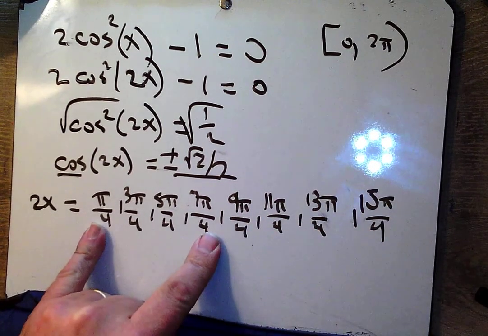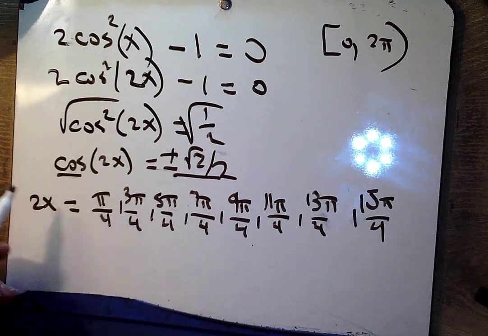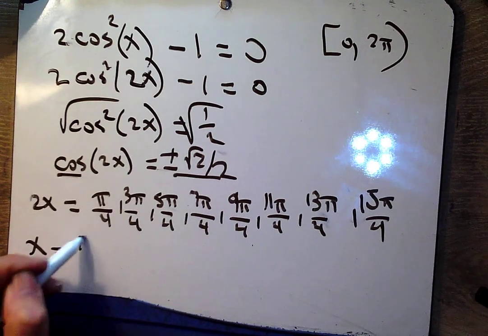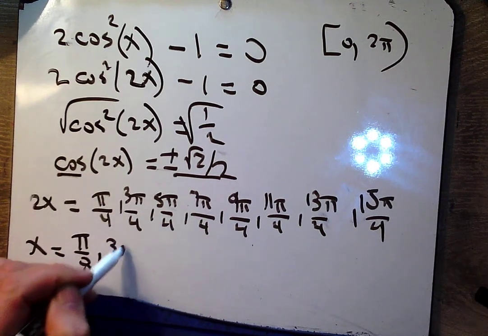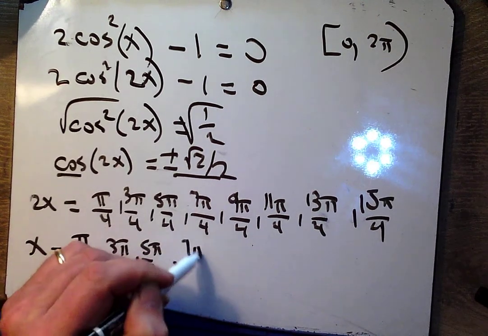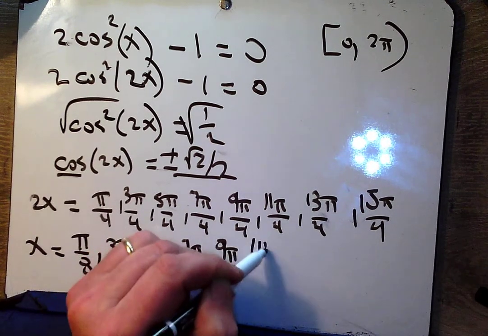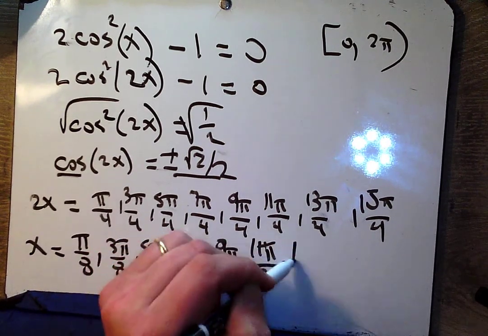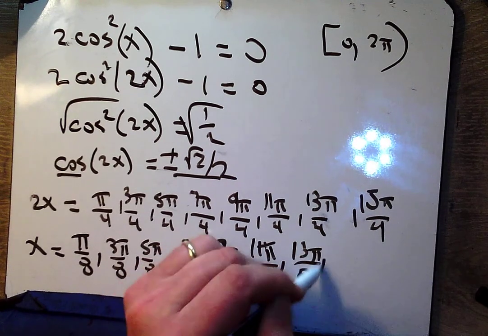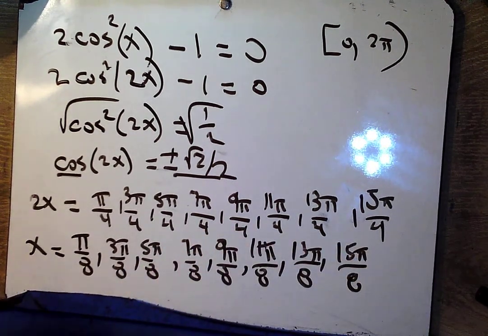So we get these 4 from the first time around, and these 4 from the second time around, but don't forget to divide everything by 2. So x will be pi over 8, 3 pi over 8, 5 pi over 8, 7 pi over 8, 9 pi over 8, 11 pi over 8, 13 pi over 8, 15 pi over 8. Ta-da! Done. That's the 0 to 2 pi solution.